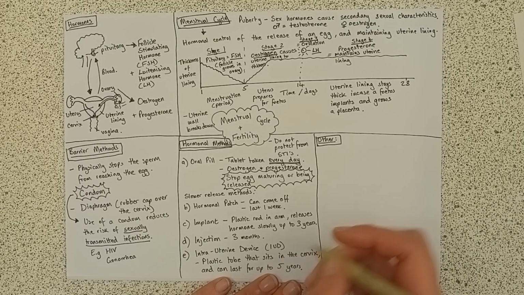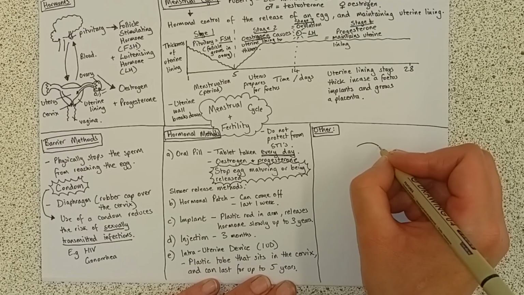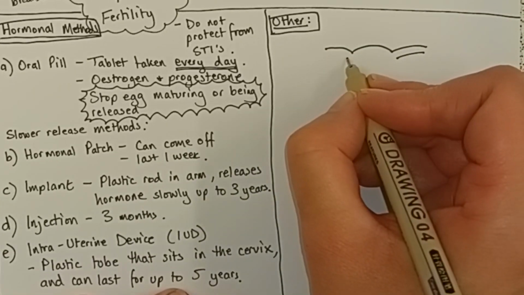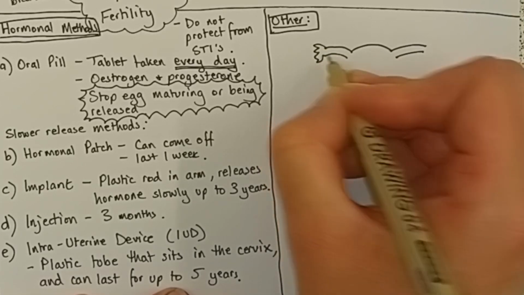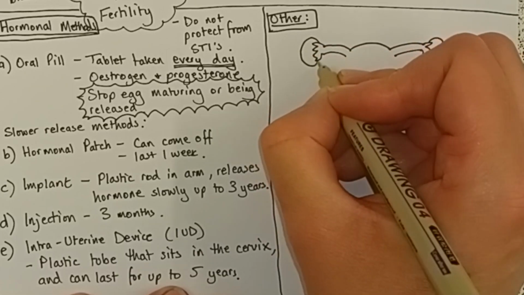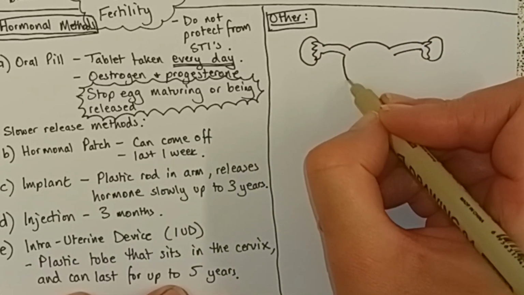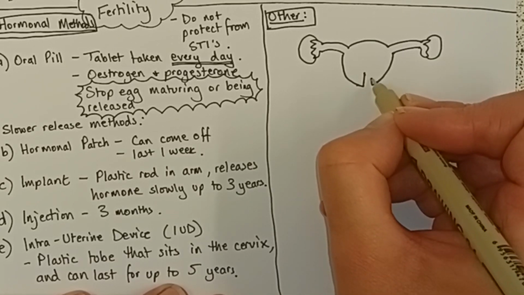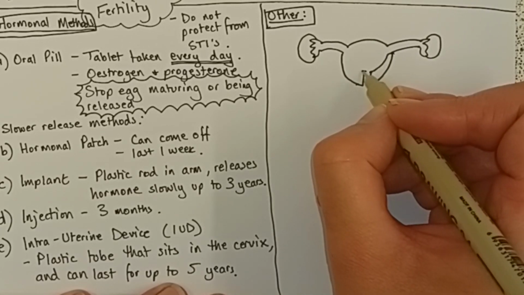Draw here where the IUD sits. So we're just going to draw out the reproductive system again. So here we've got our 2 fallopian tubes with the feathered ends. They look like hands. Here we've got the 2 ovaries. Here we've got the bottom of the uterus with a thick uterine wall there.